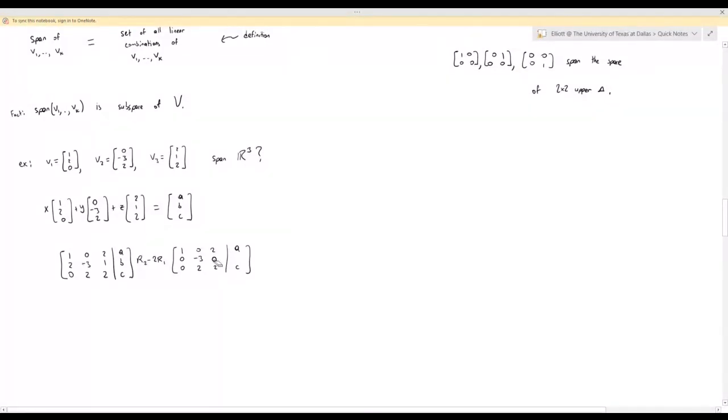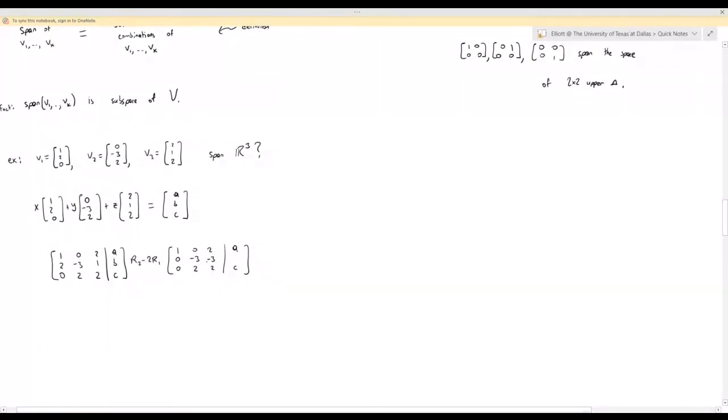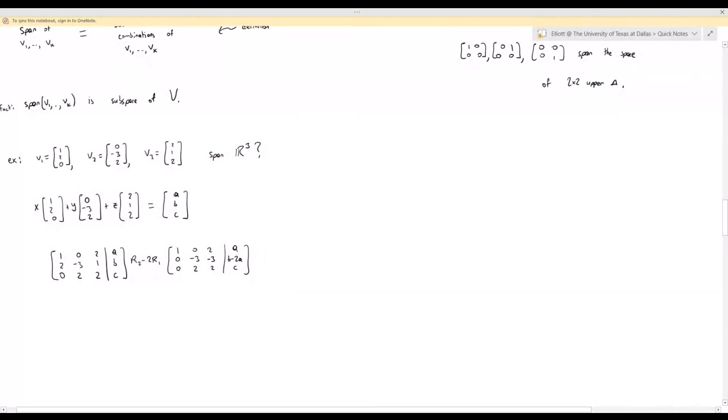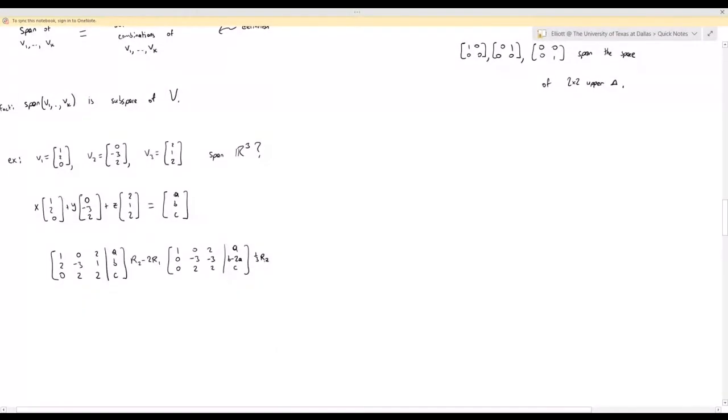No, that's not a 0. That's a 1 minus 4 is negative 3. Here we would technically do b minus 2a. And next, let me simplify this a little bit. I think what I'll do is multiply row 2 by 1/3 to get rid of those 3's, and maybe I'll multiply row 3 by 1/2 as well. I think that'll look nice.